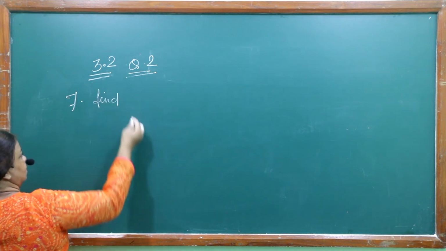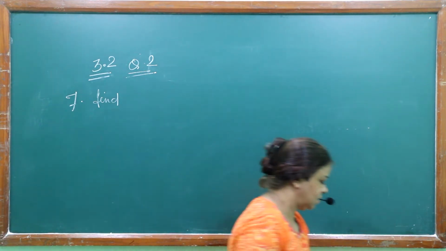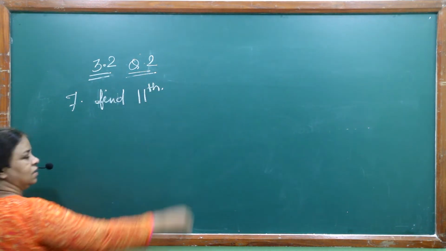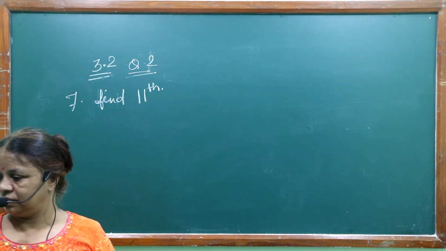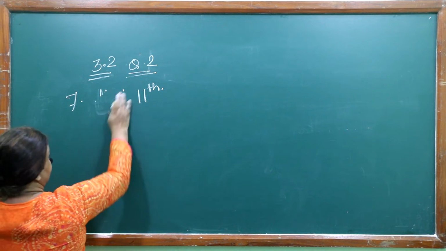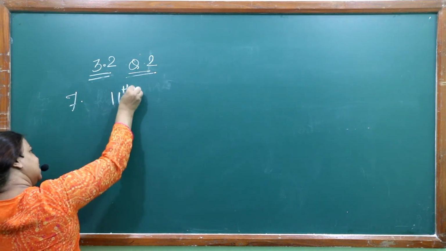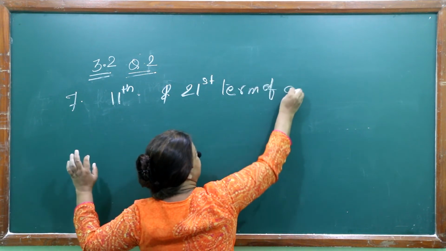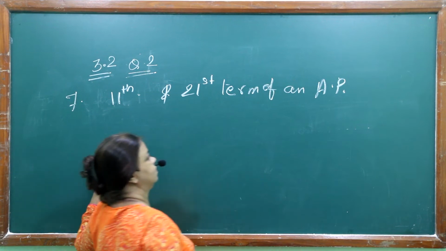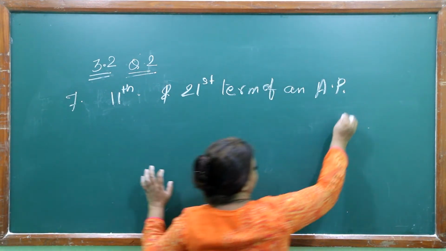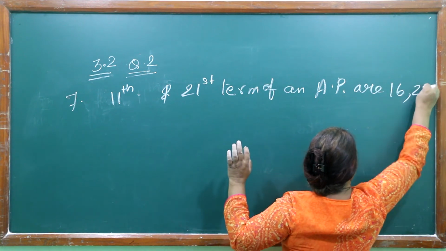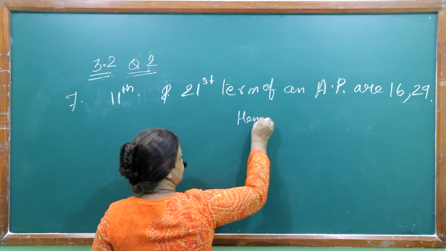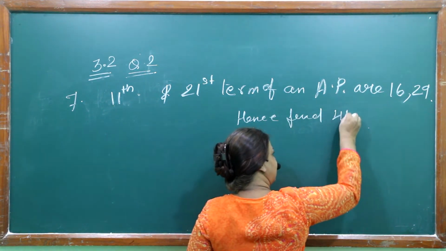Sorry, it's: the 11th and 21st terms of an AP are 16 and 29. And hence find the 41st term.